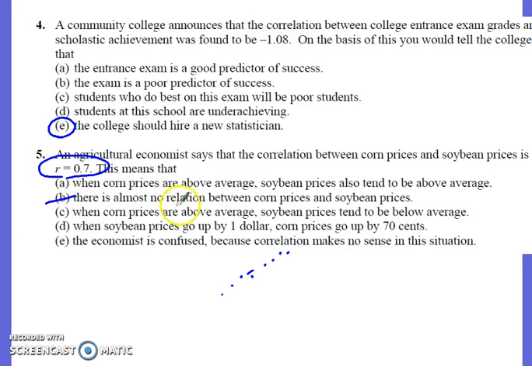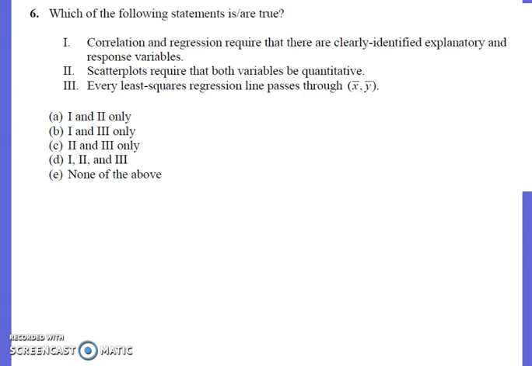That's not true because 0.7 is moderately strong. When corn prices are above average, soy prices tend to be below. That would indicate a negative correlation. When soy prices go up by $1, the corn prices go up by 70 cents. That would be trying to talk about slope, and that is not how you interpret r. The economist is confused because correlation makes no sense in this situation. That's not true. A is our best answer.